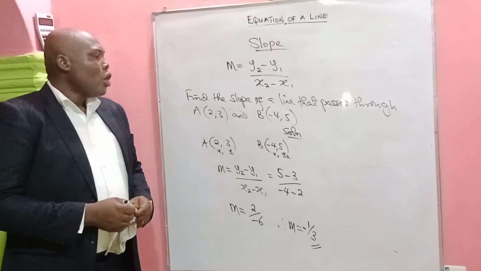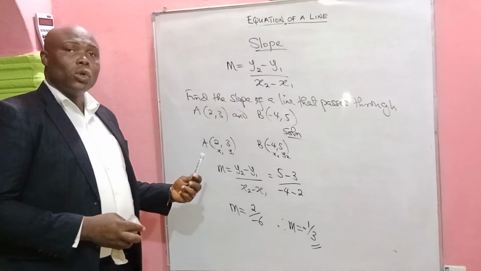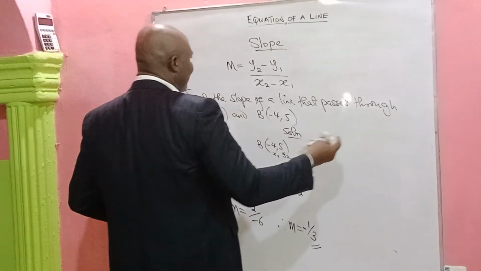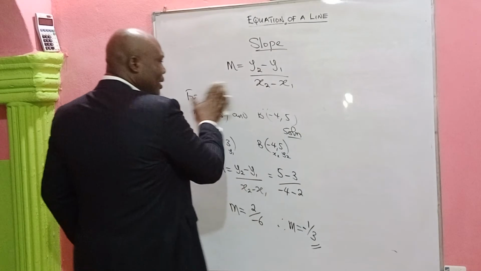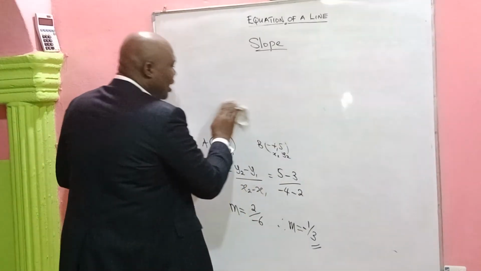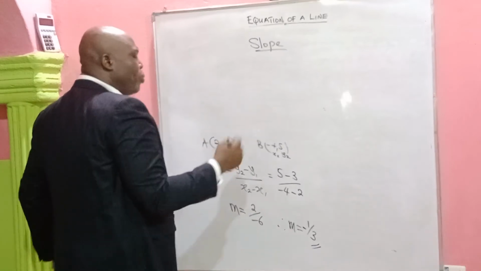Okay, so sometimes the slope of the line you'll be asked to calculate will be a fraction. How do you do that? It's the same thing. It's as simple as this. You can also be told to find the slope of a line that passes through 2 points that are fractions.